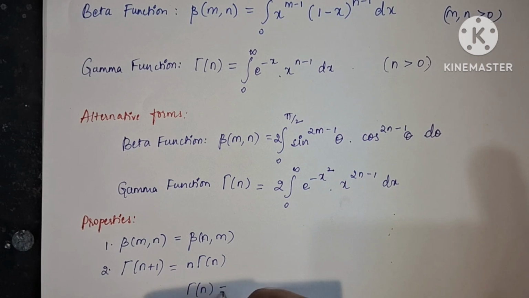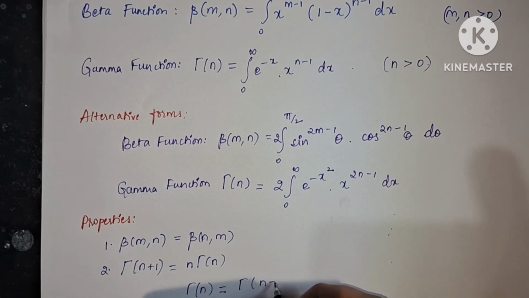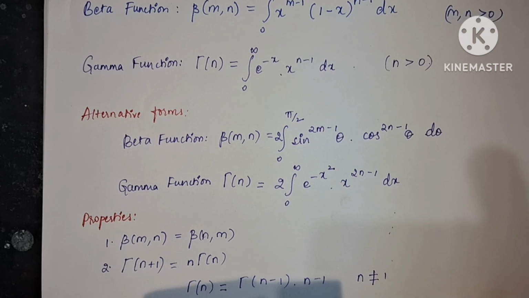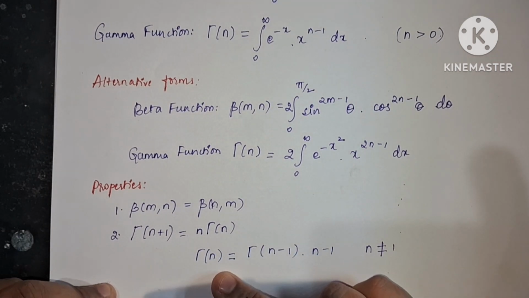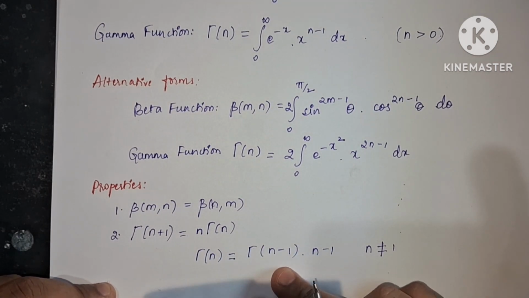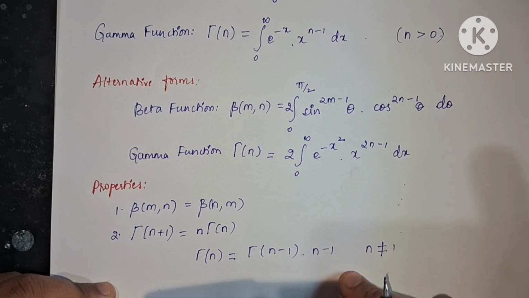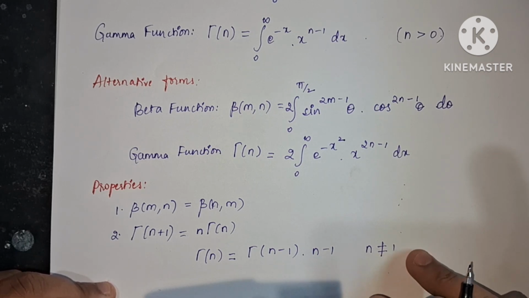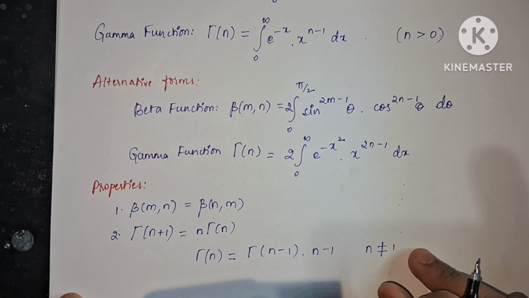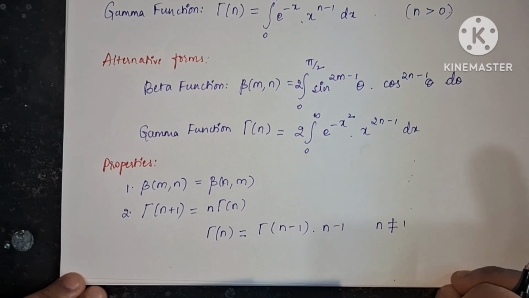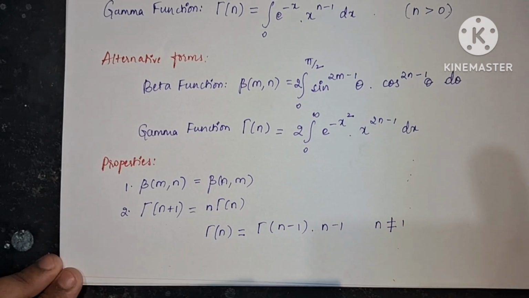Gamma of n can be written as gamma of n minus 1 times n minus 1, if and only if n is not equal to 1. You remember this, gamma of n can also be considered as n minus 1 times gamma of n minus 1 when n is not equal to 1. We will consider two more formulas here.